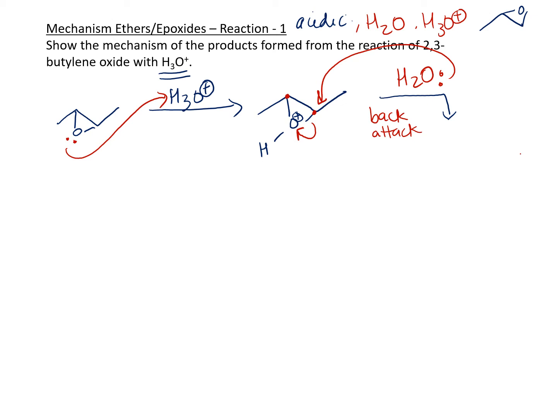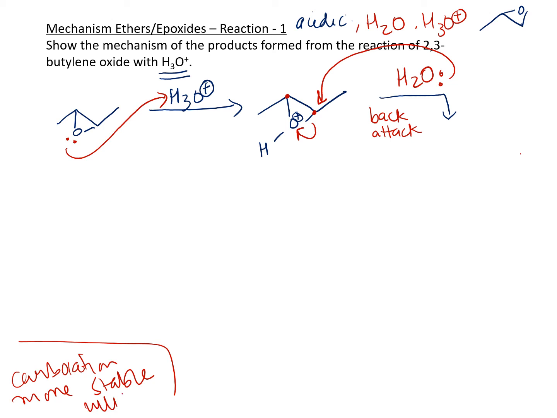So remember, the more stable carbocation will be attacked. That's how it works when you're working in an acidic medium. In this case, both of them are the same, so you can do it in either place. All right, let's go ahead and write the product out.